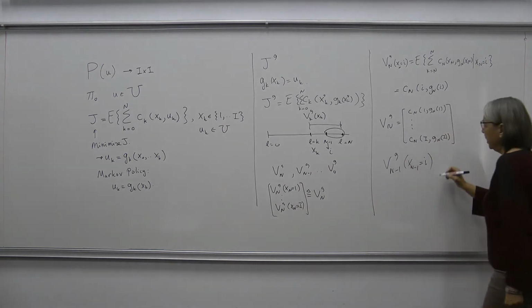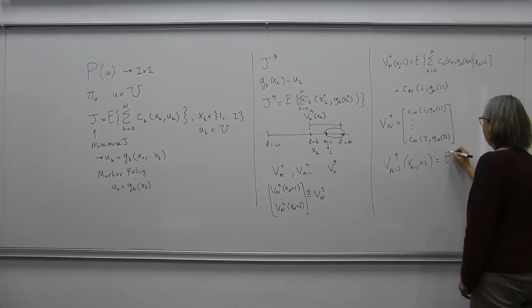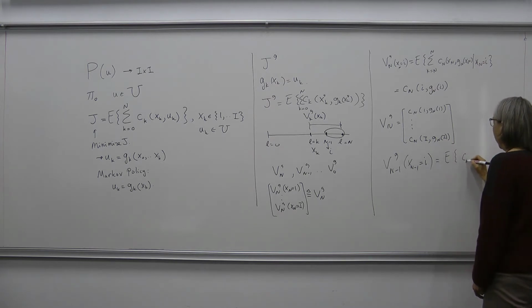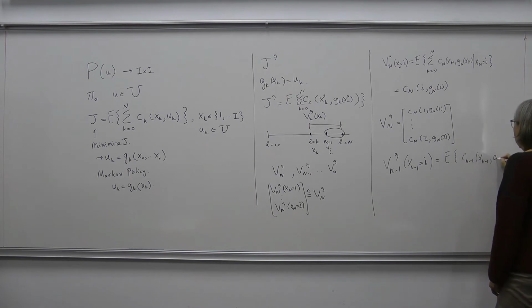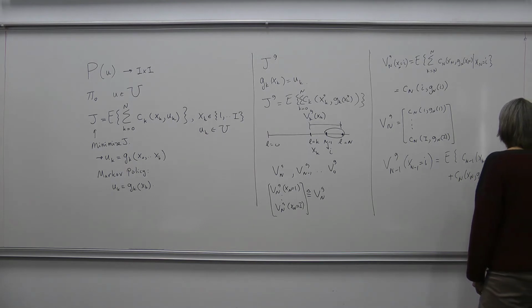And that is equal to the expected value of c_{n-1} of x_{n-1}, g_{n-1} of x_{n-1}, plus the last term c_n of x_n, g_n of x_n, given that x_{n-1} is equal to i.